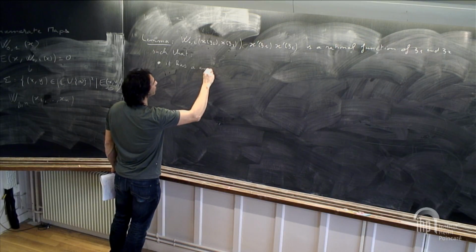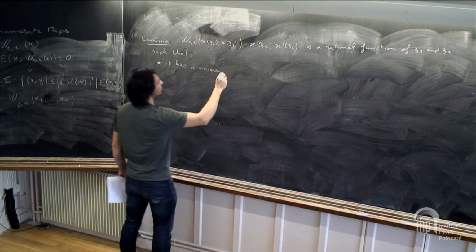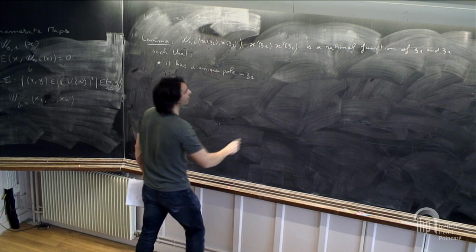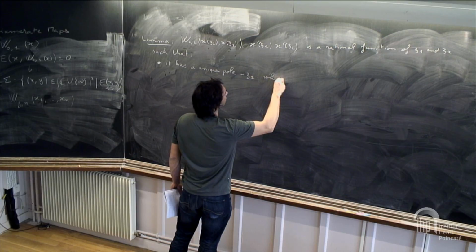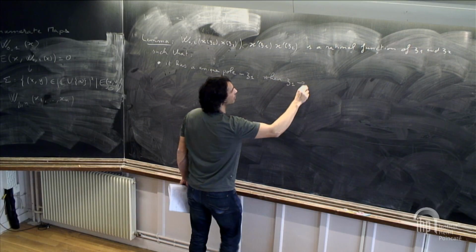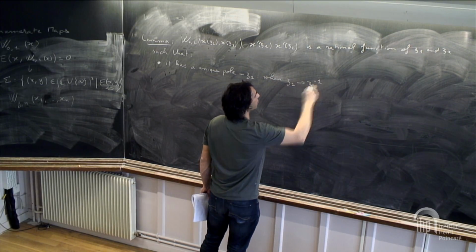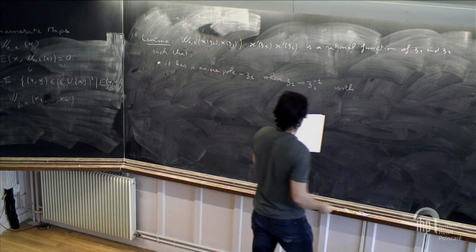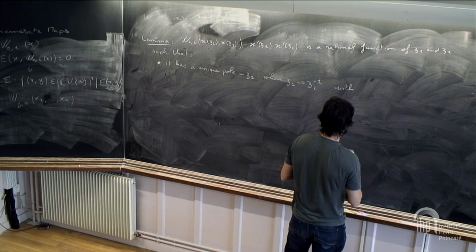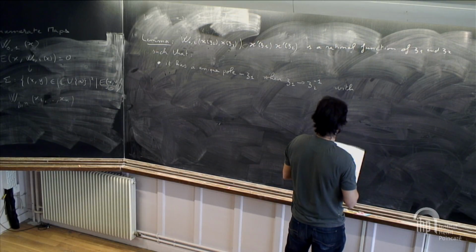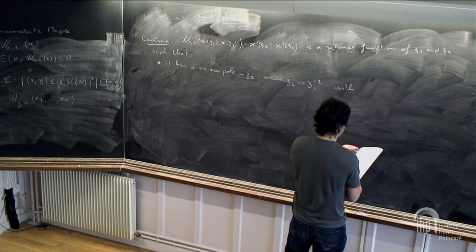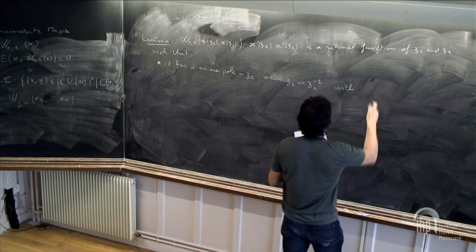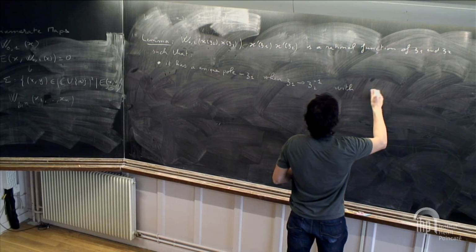it has a unique pole in z1, and it is when z1 goes to z2 to the power minus 1, with the following behavior. Okay. Yeah, there is a minus sign.